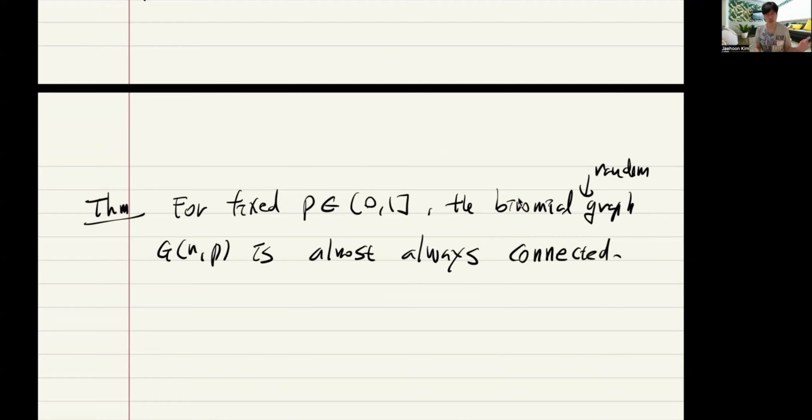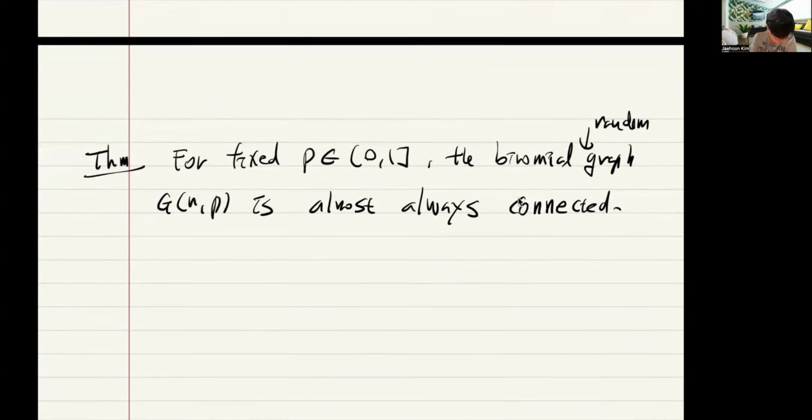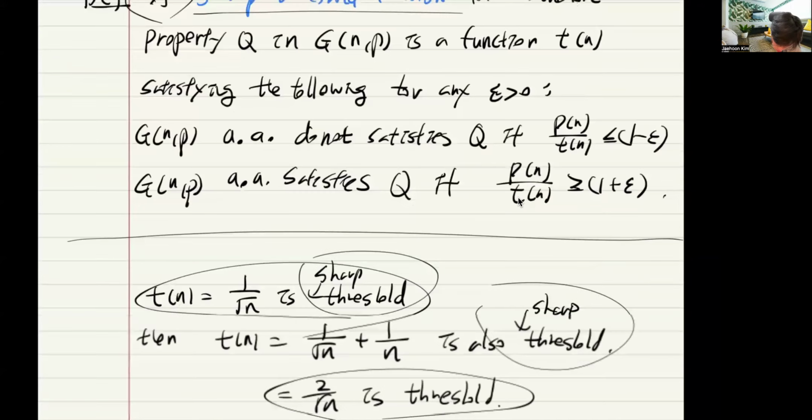So any constant p is above the threshold if the threshold exists.